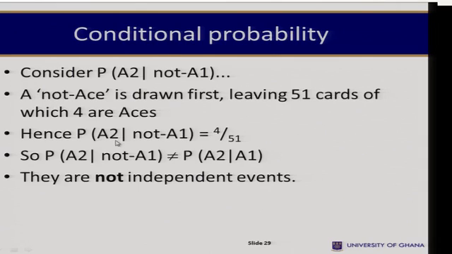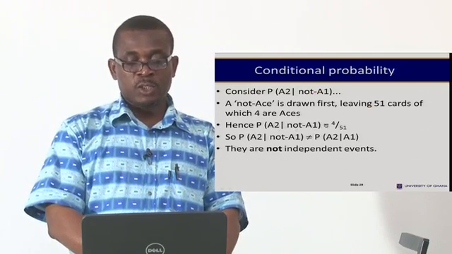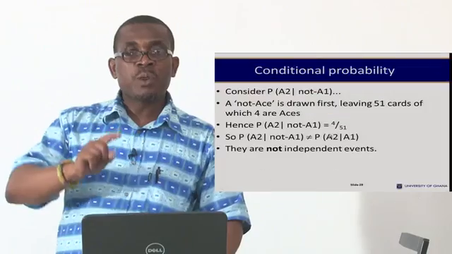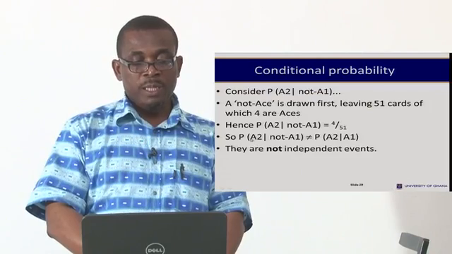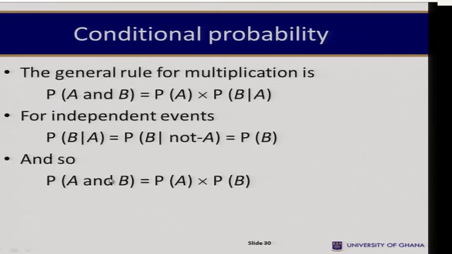So the probability of ace on the second draw, given that not an ace was drawn first, is equal to 4 over 51, which is different from the 3 over 51 we got when the ace was drawn first. So the probability of second ace, given that not ace first, is not equal to the probability of ace second, given that ace first, because this one was calculated as 3 over 51. So we say that they are not independent events.